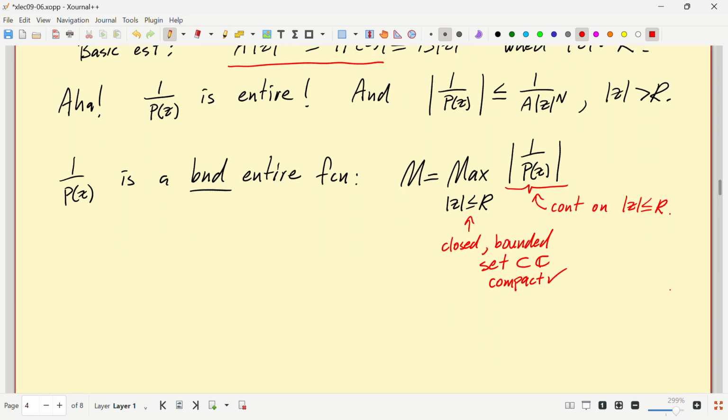And then notice that we can take R bigger if necessary. We can assume that R is bigger than 1.